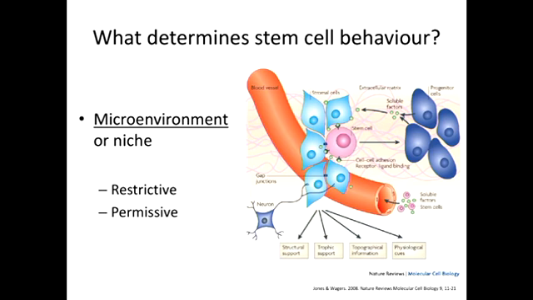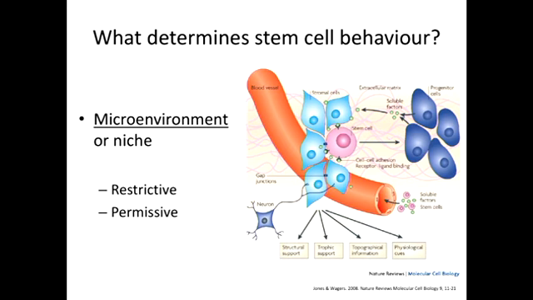And it's actually the niche that controls how the stem cells respond. This environment can be both restrictive and permissive. By that I mean, under steady state normal conditions, a hematopoietic stem cell will reside within the endosteal niche in the bone marrow, and that environment is called restrictive.